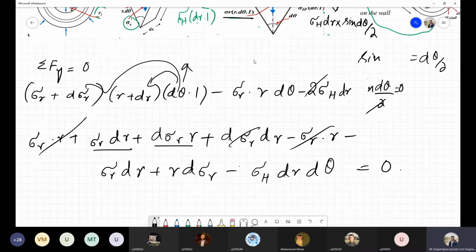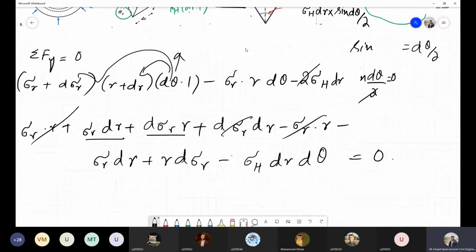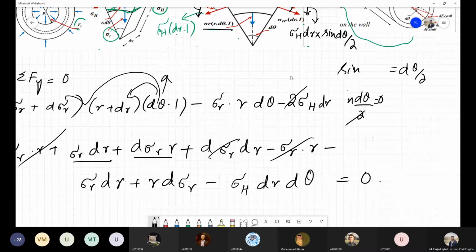I think I have missed one point in this figure. Just give me a second, let me recheck.